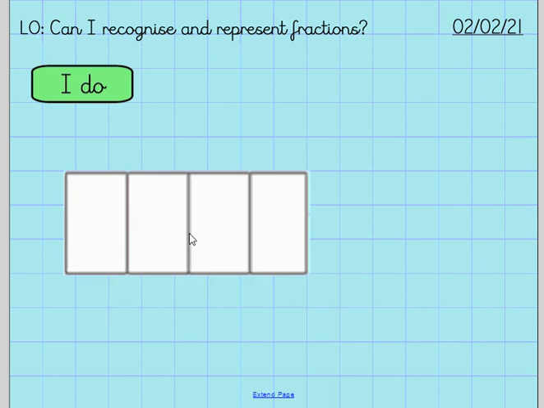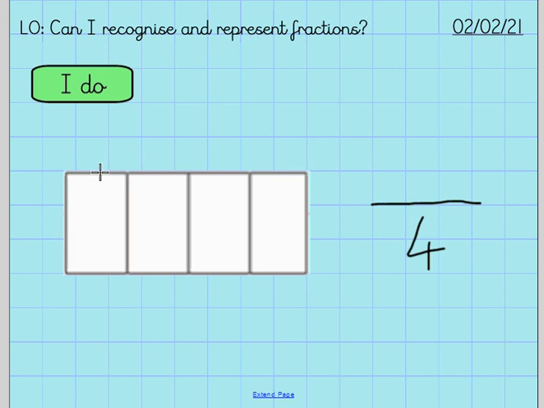So if we have a look at this example here, there is the whole. We've got a whole shape, and it's split into 1, 2, 3, 4 parts. So our denominator for any fraction that we're going to be using here is going to be 4.